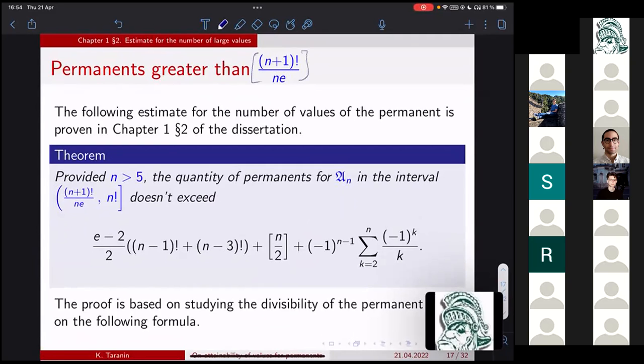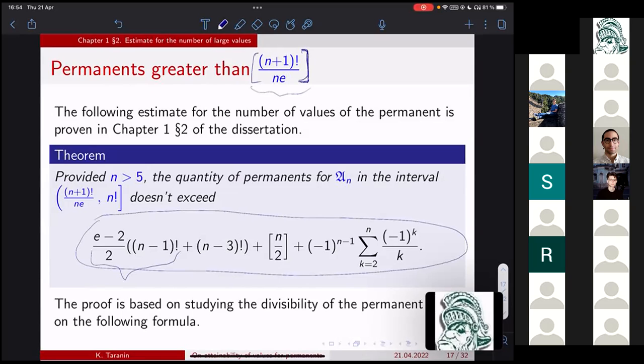This is the greatest odd permanent. And the result is that the number of permanents above the greatest odd permanent doesn't exceed this number. The most important part here is this one.